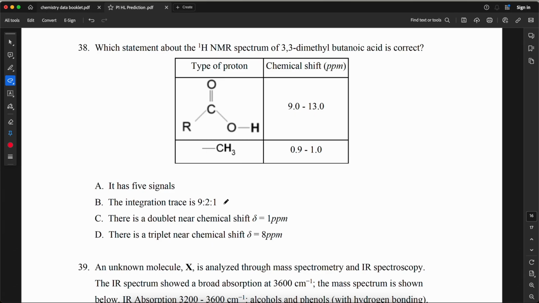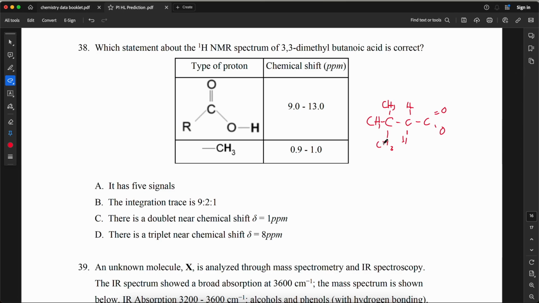Which statement about the HNMR spectrum of 3,3-dimethylbutanoic acid is correct? So let me write down the structure. CH3, CH2, COOH. This should be methyl here, and here as well.